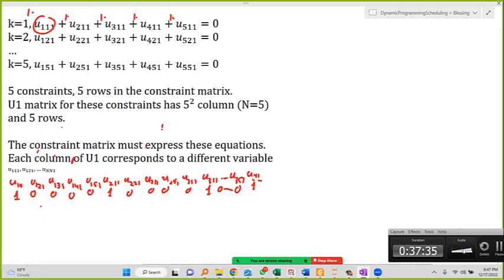So that's giving us K equals 2. That comes from here. 2 times each of them. Okay. Where are the ones? How do I express this constraint using a matrix? You have K equals 2 here.